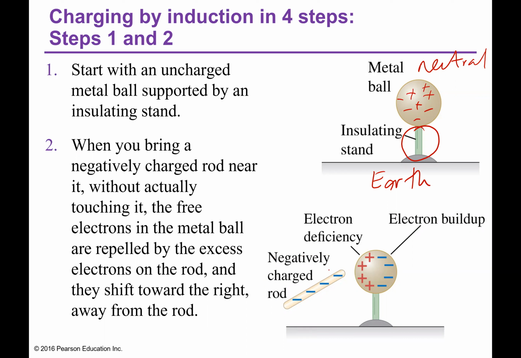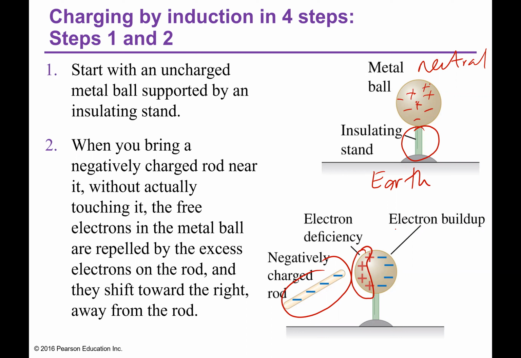But what happens here is this: because the rod is negative, all the positive charges in the metal ball are going to be attracted toward that negatively charged rod. They're going to move as close as they can to the rod. Obviously, they cannot jump from the ball, but they can accumulate at this end.